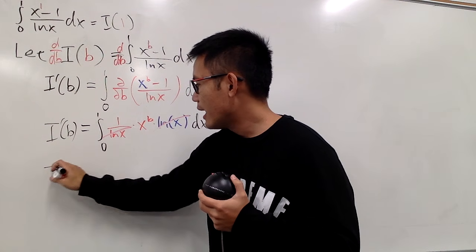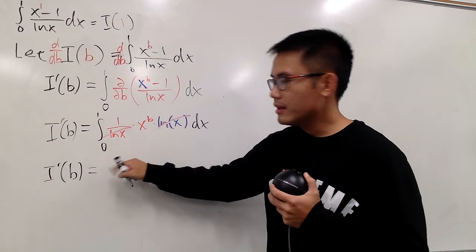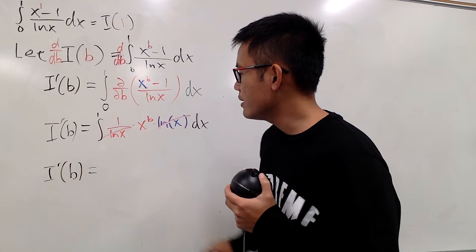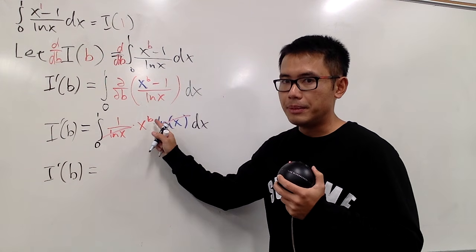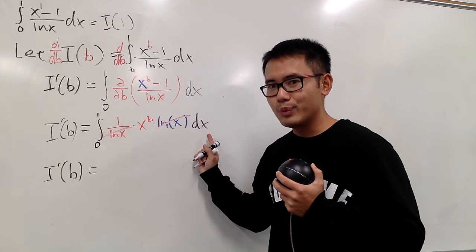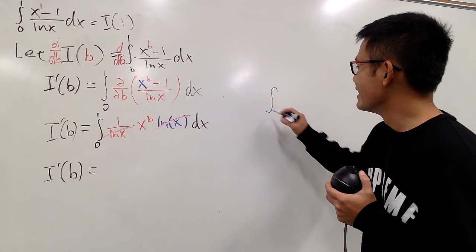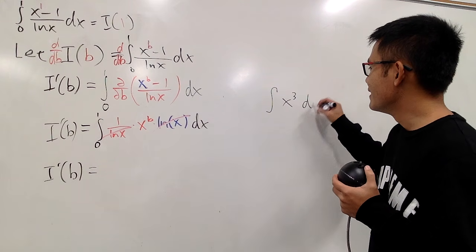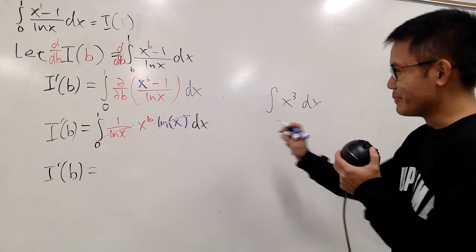And now I prime of b, we are just integrating, right? So this is just integrating. Let me just put this down better. X to the b's power in the x world. How do we do that? How do you integrate x to the third power in the x world? Don't be too crazy.